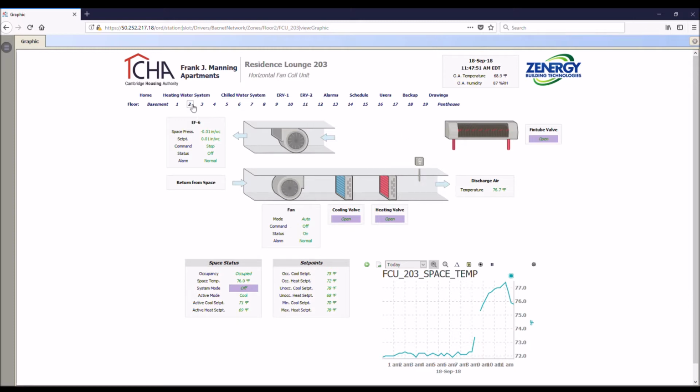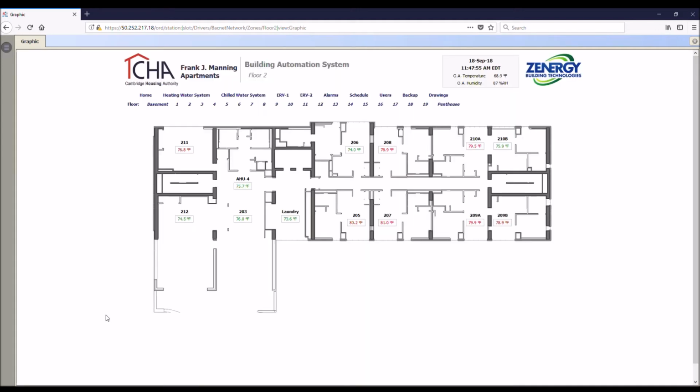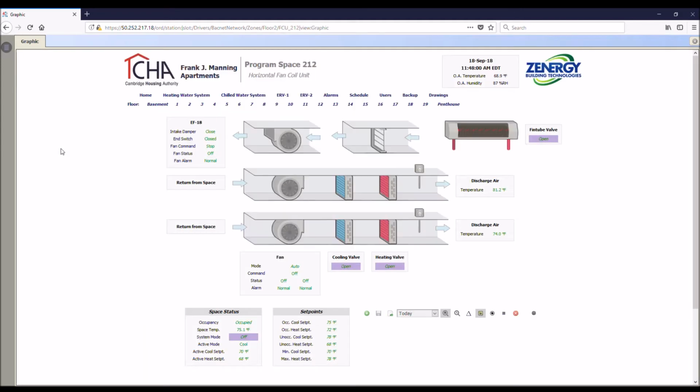Next door is 212, which Shaman has set up as their kind of office right now. This room, because it's larger, has two of these horizontal ceiling hung fan coil units. It's one controller, the same controller as that previous space, so it has the colorless LCD thermostat, but the controller is controlling two fan coil units.